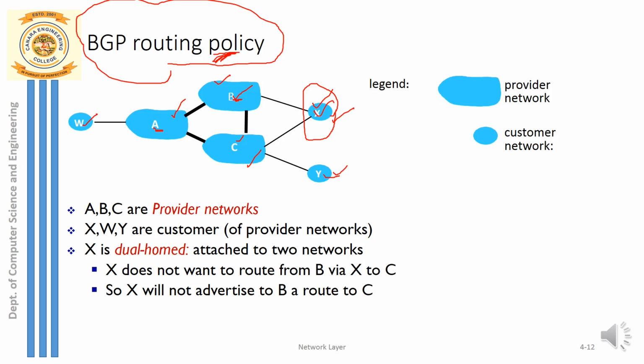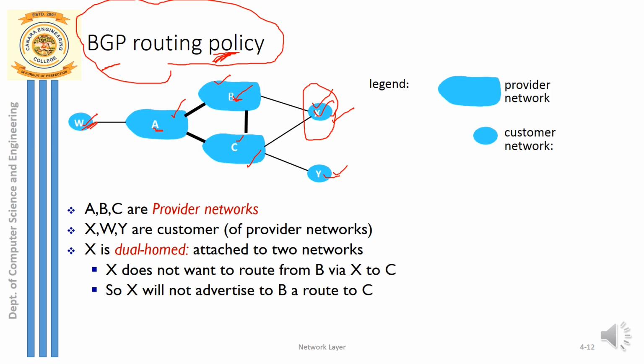So A can reach the autonomous system W directly, and this path, whatever A has to reach W, as per BGP, border gateway protocol, this information should be shared with the other providers or the other autonomous systems. So the reachability information should be circulated, or broadcasted, to the other autonomous systems as well.